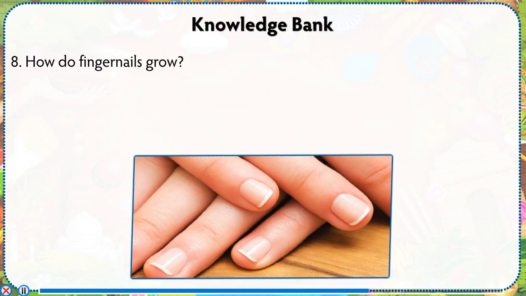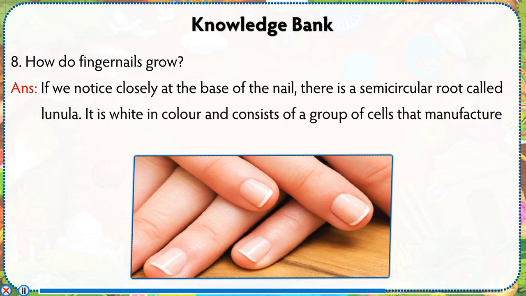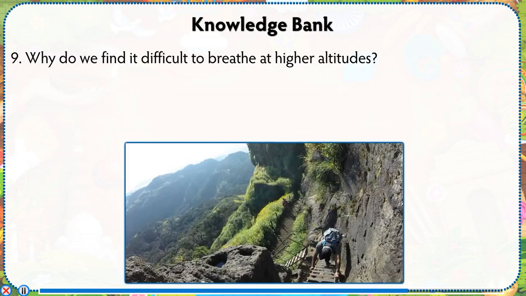Eighth, how do fingernails grow? Answer. If we look closely at the base of the nail, there is a semicircular root called lunula. It is white in color and consists of a group of cells that manufacture keratin. Keratin gathers and protrudes in the form of nails.